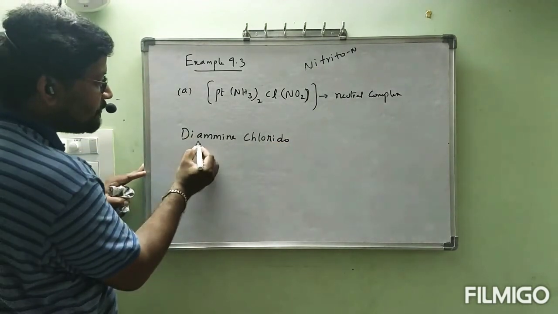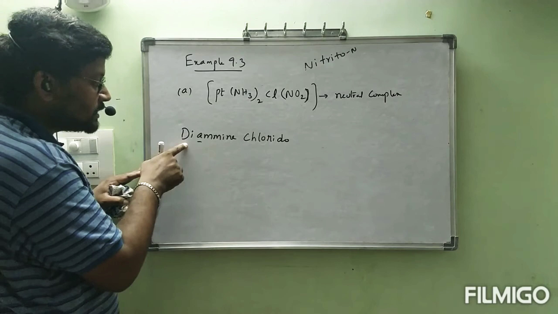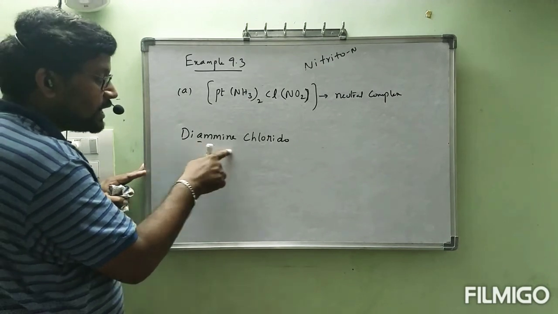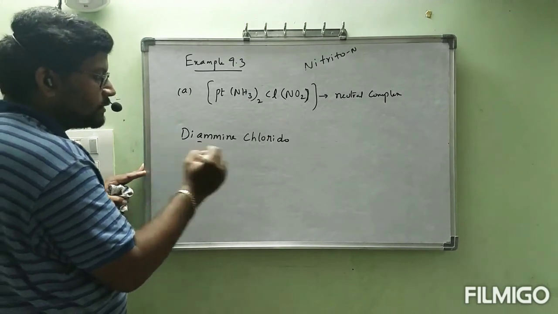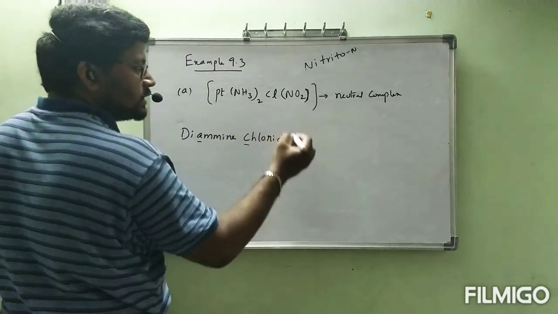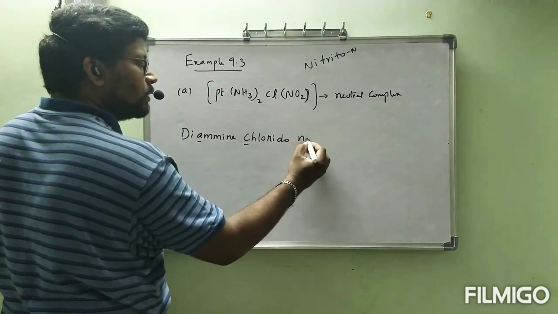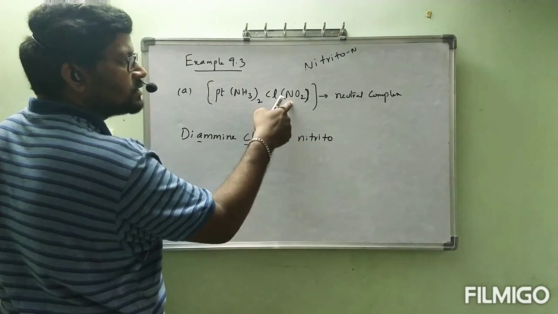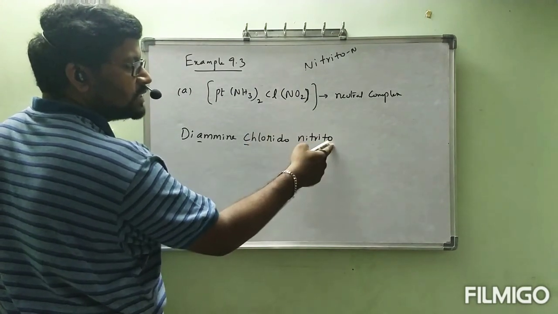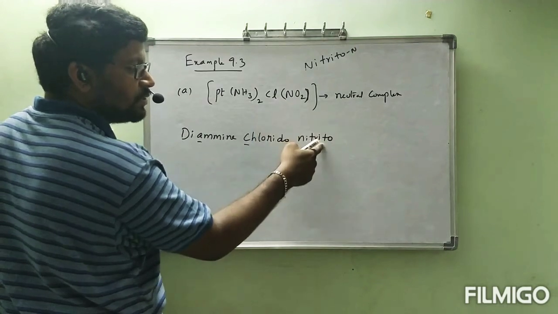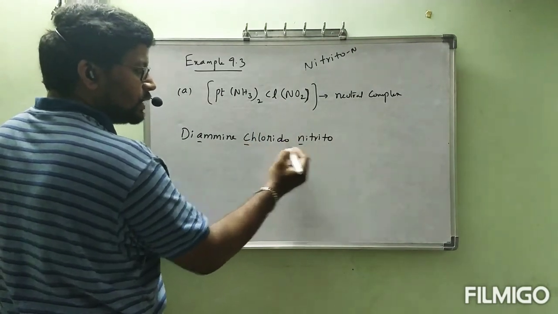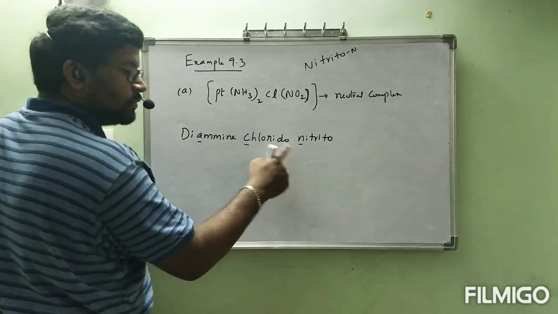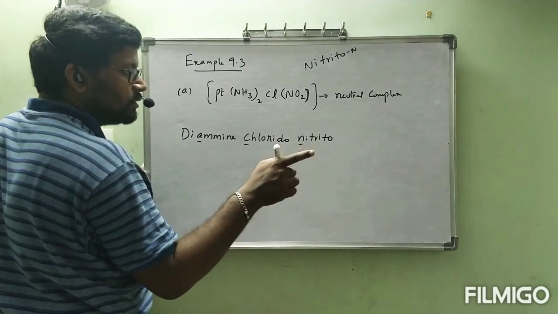Sorry, A we have to see. Don't look at the number, we have to see only the name of the ligand. A, next C, next nitrito. This is also a negative ligand, its name ends with O. Nitrito, 1 is there. So simply chlorido, nitrito. A, C, N. Okay, alphabetical order is completed.